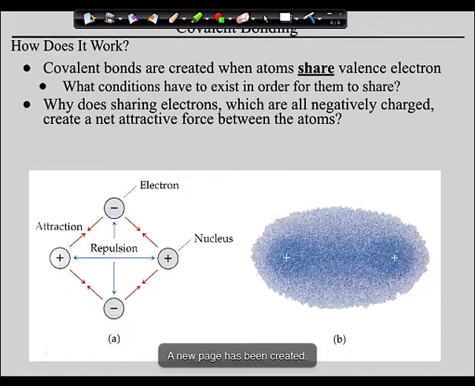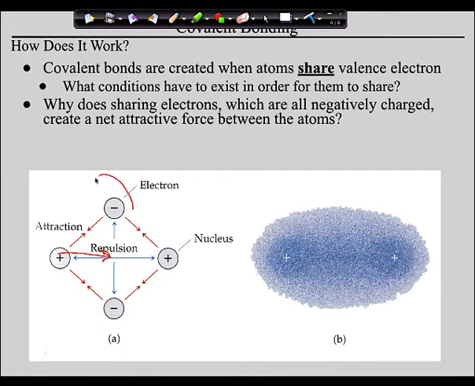Yes, the attraction is right here. This nucleus is attracted to this shared pair of electrons. And this nucleus is attracted to this shared pair of electrons. And these attractions overcome the repulsion between the electrons and the repulsion between the nuclei, and it creates a net attraction that we call a covalent bond.